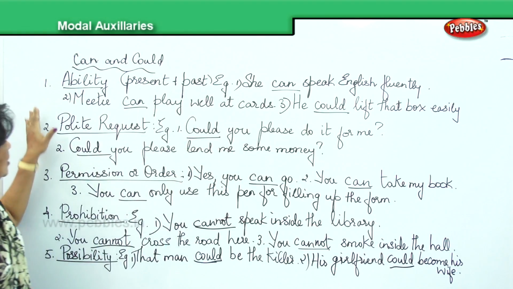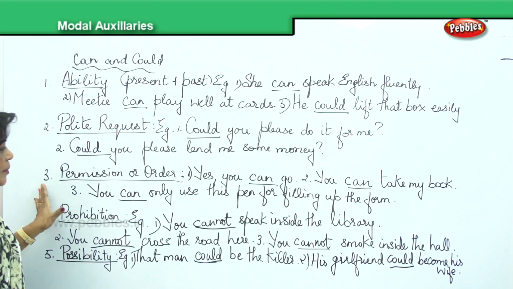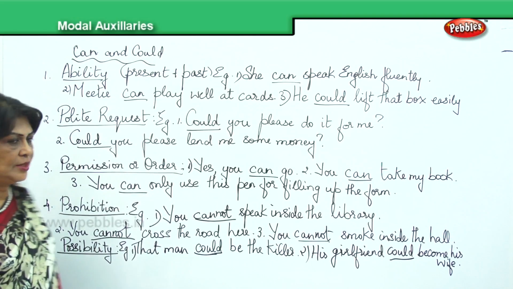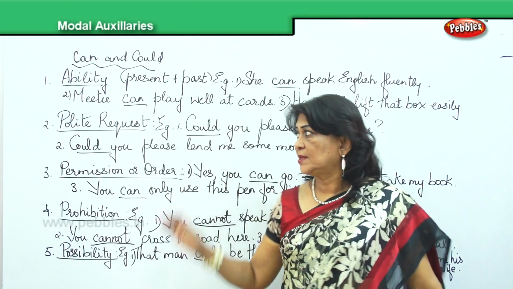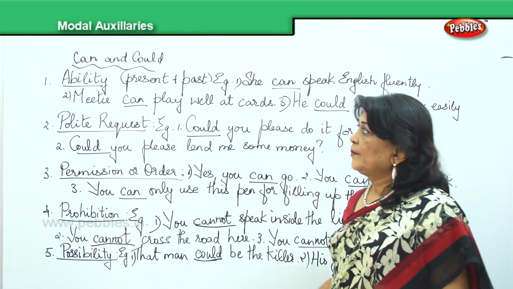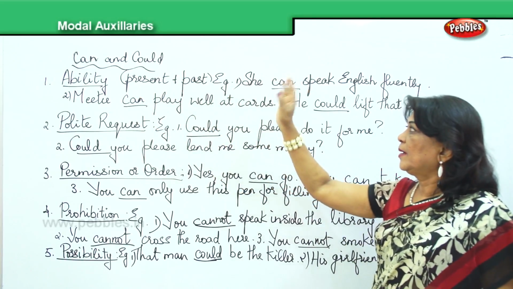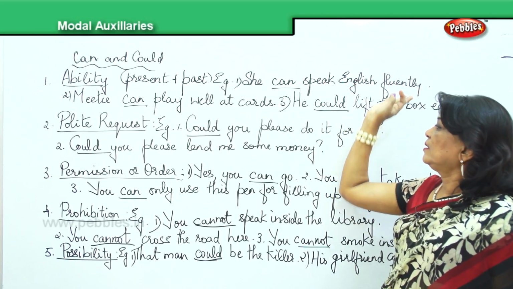We saw here ability, polite request, permission or order, prohibition and possibility. Okay, we will just discuss all these points again. First one, ability, both present and past. She can speak English fluently.